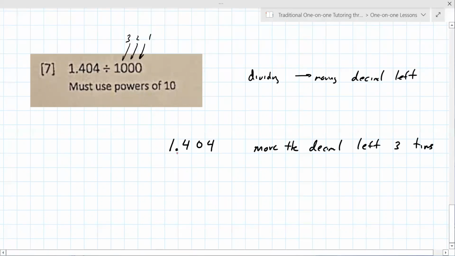So you take where it is and you move it left: 1, 2, 3. So it's 0.001404. Yes, that's completely correct.